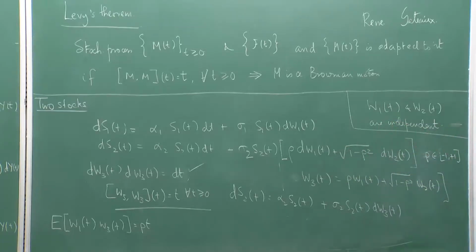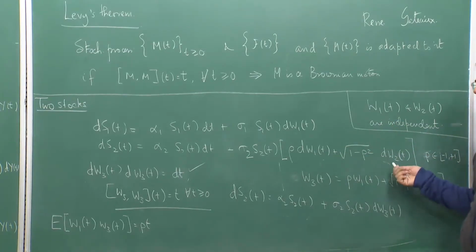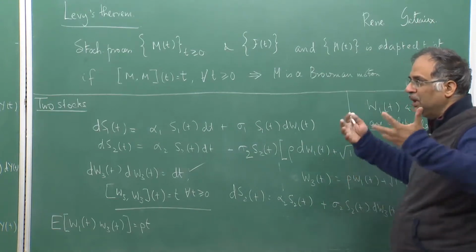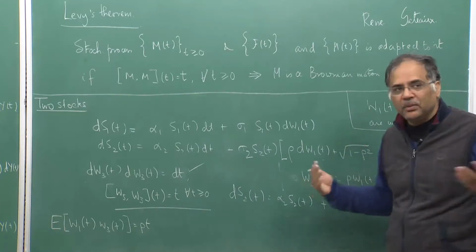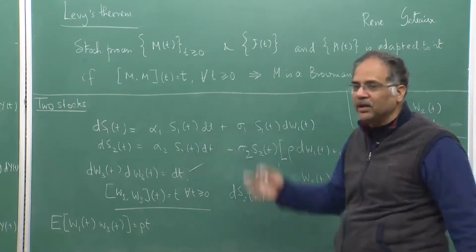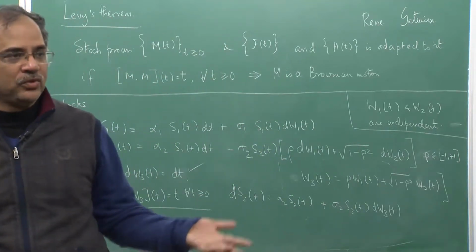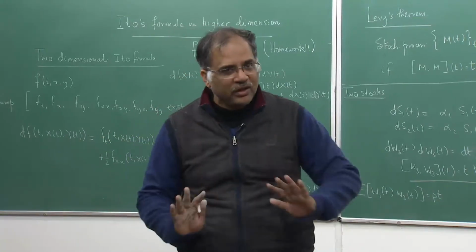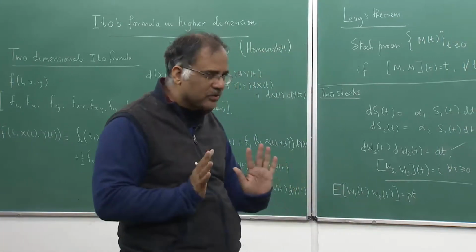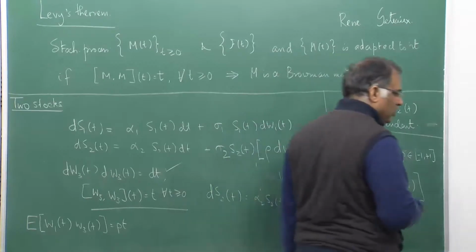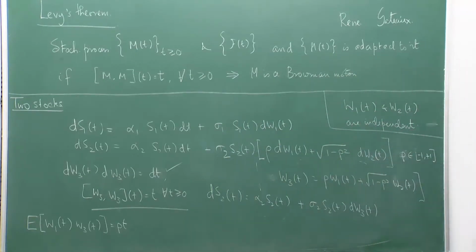But once both of them are multi-dimensional Ito processes like what we had done, the stock prices can get correlated. That is a much more difficult situation to study, and we will study it in a separate course in finance.